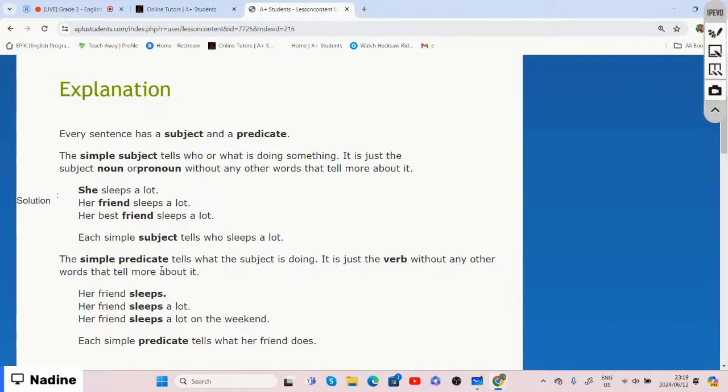It tells us either who or what is doing something. And when it comes to the subject, it just gives us information about the noun or the pronoun, just the subject, noun, or pronoun without any other words that tells us more about it.